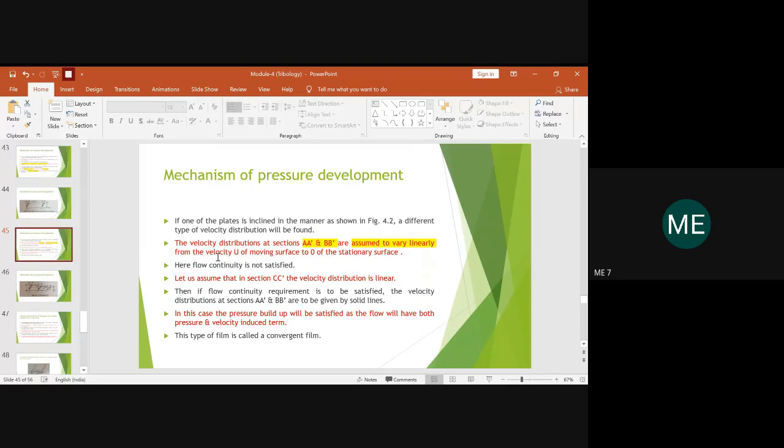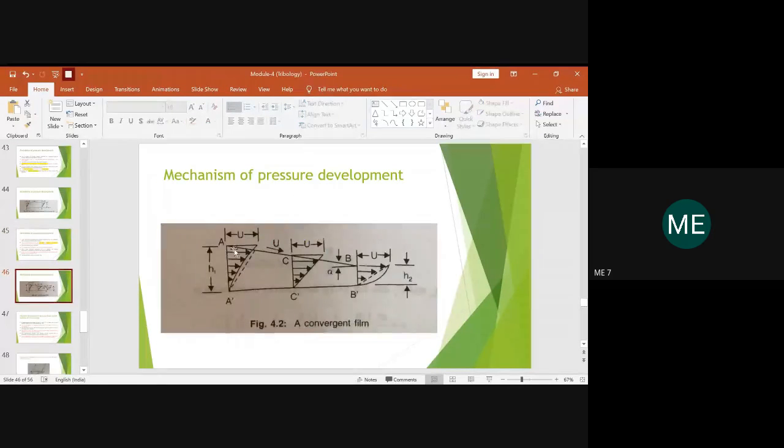And what about the velocity? Here again it is assumed that there will be a velocity of u across the moving surface. This is the moving surface. Even though it is inclined, it is moving with a constant velocity of u. At the stationary surface, it will be 0, and as it moves towards the inclined moving surface, the velocity increases.